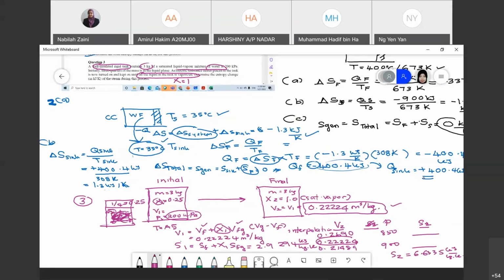This is a rigid tank, therefore there is no mass in or mass out; the mass is kept constant. So the entropy change is M times S2 minus S1. Replace M with 3 kilograms, and you get an answer of about 11.1 kilojoule per Kelvin.